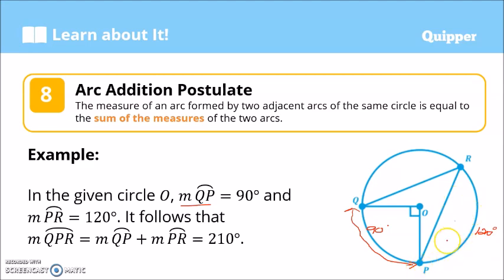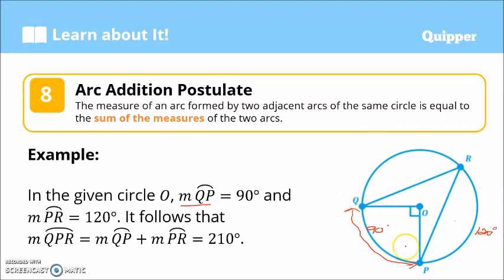So, PR, arc PR. It follows that the measure of QPR is equal to the measure of arc QP plus the measure of arc PR. And that is 210 degrees. So, it follows here, arc QPR.